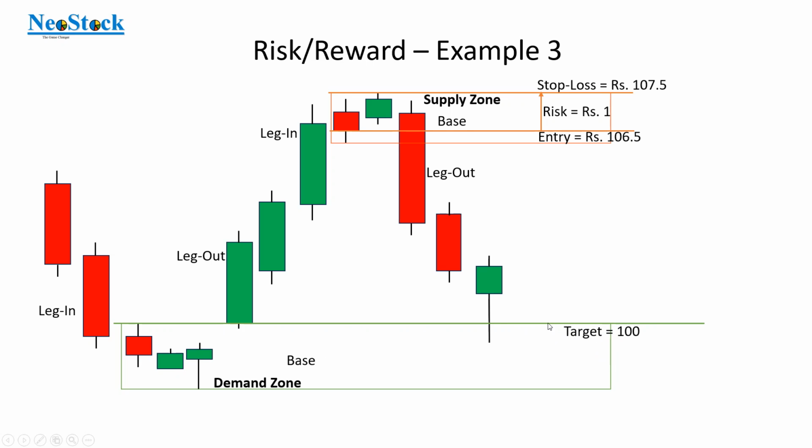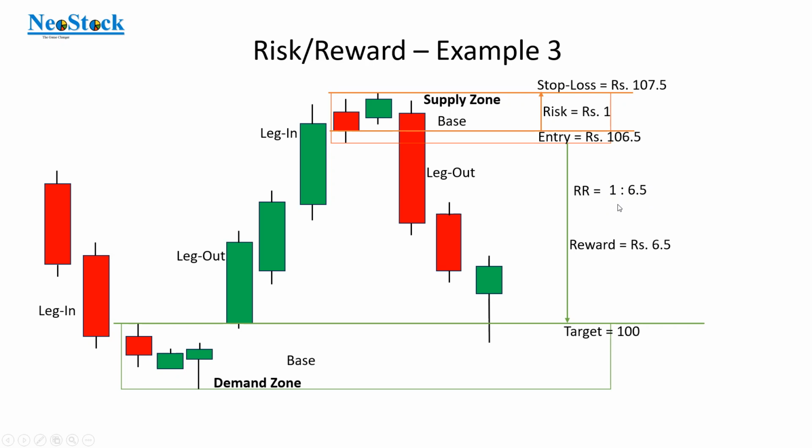That is this demand zone high. So the difference of target and entry is going to be your reward. That is 106.5 minus 100, that equals to 6.5. So what is risk? 1. Reward 6.5. What is the RR? 1 is to 6.5 is the RR. For every one risk, you get 6.5 times reward.